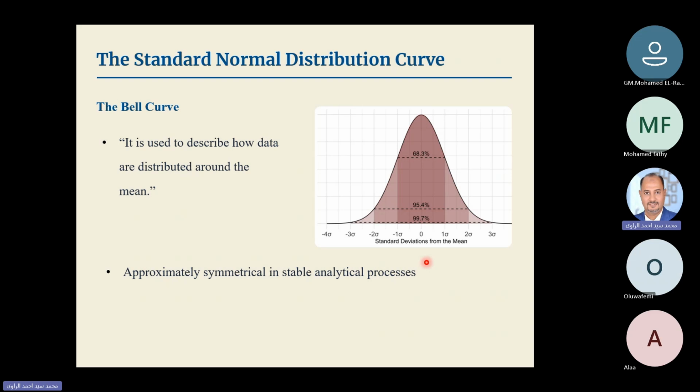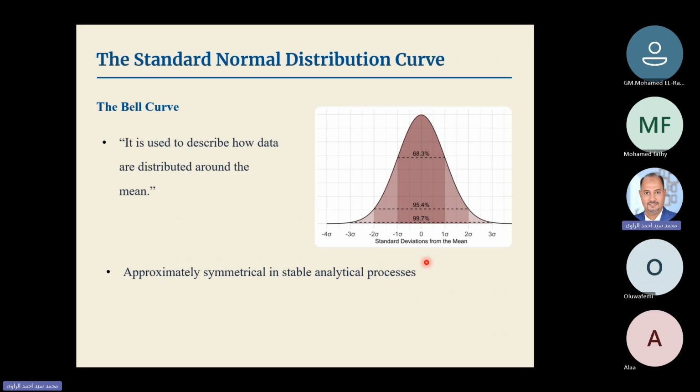We use statistical software, such as Minitab or SPSS, the Statistical Package for Social Science. These software programs provide normality tests.